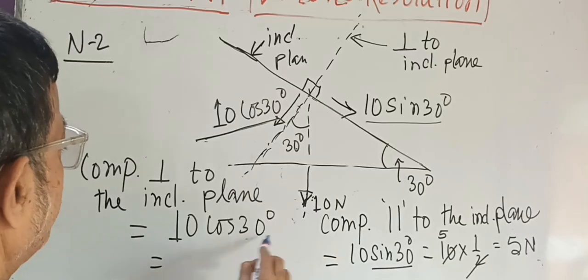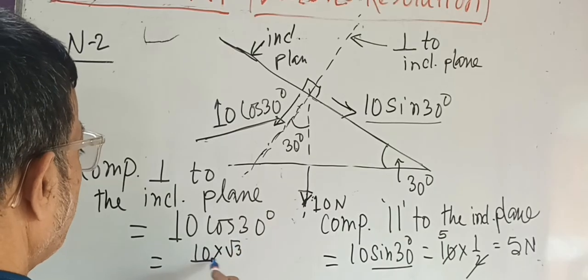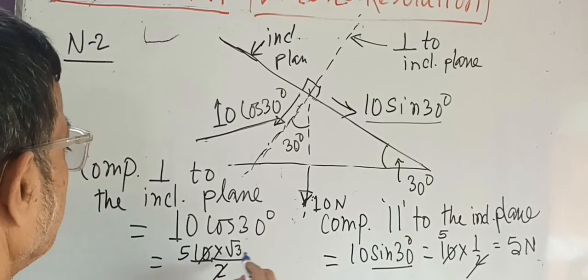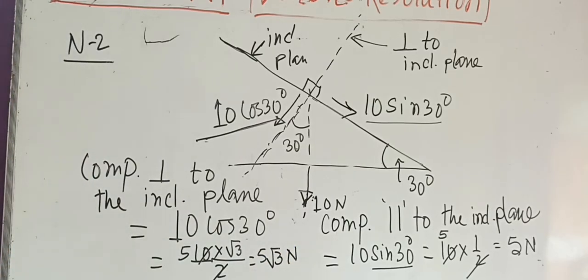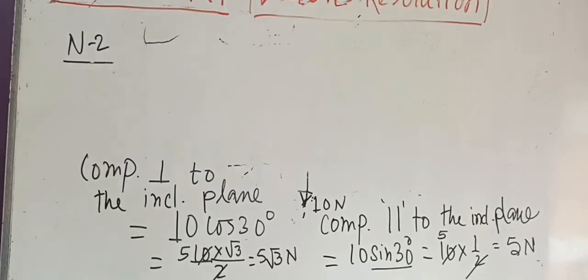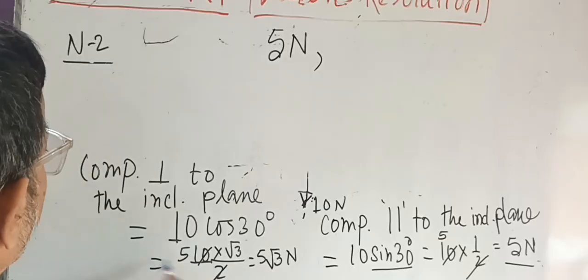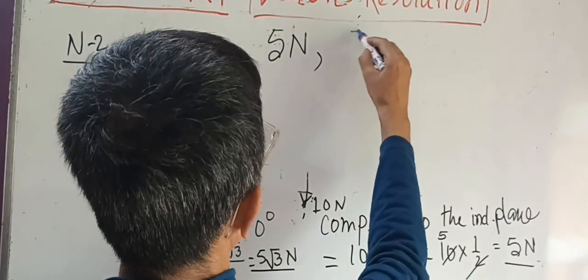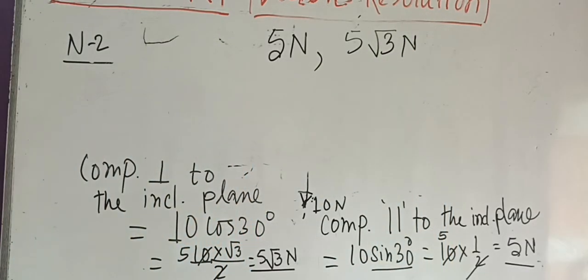The value of cos 30 is root 3 by 2. 10 root 3 by 2. This is 5 root 3 Newton. Right? So finally the answer is parallel to the inclined plane 5 Newton and perpendicular to the inclined plane 5 root 3 Newton. Okay, this is the final answer.